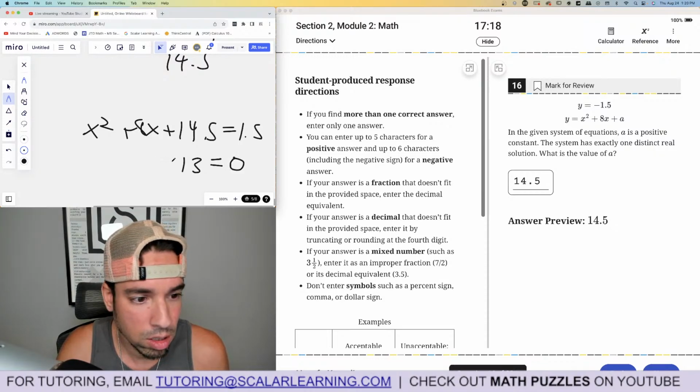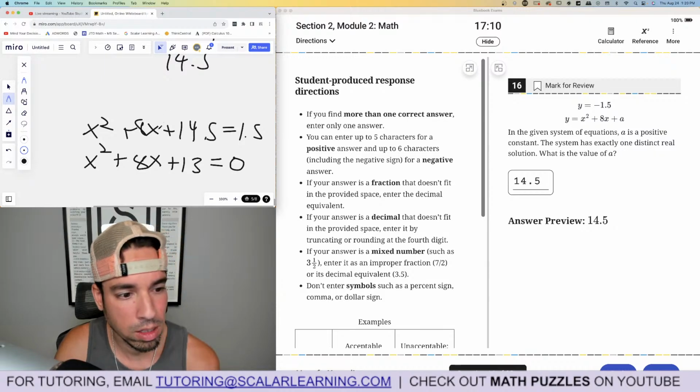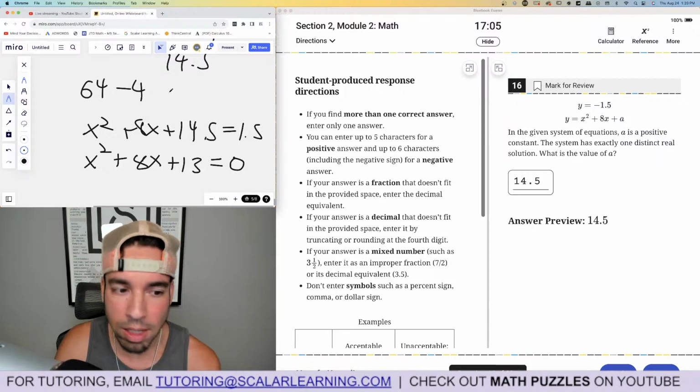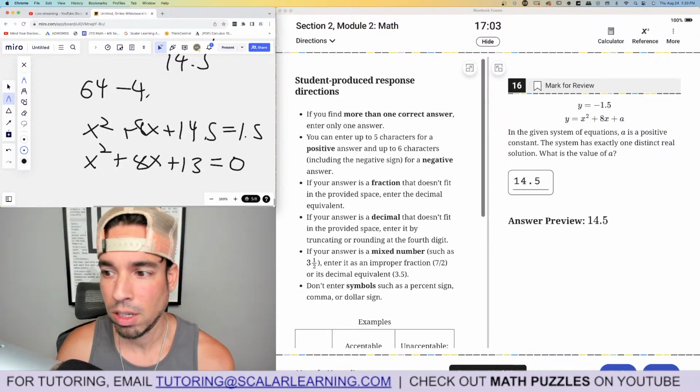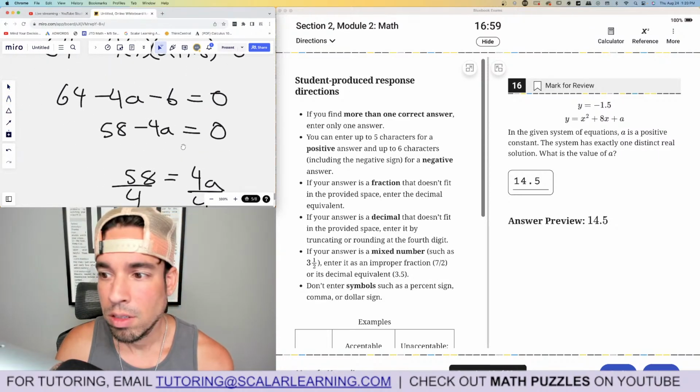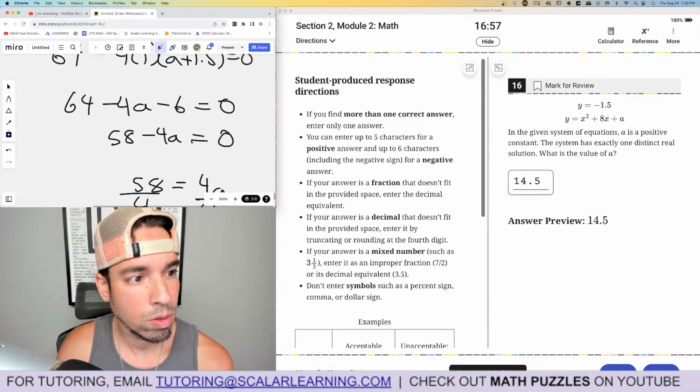Wait, 13 plus 8x, x squared. Wait, is that just right? Hold on a second. B squared minus 4ac. That's not 0. Hold on a second. I must have made a mistake. Wait. Okay. 64. No, wrong one. Where was it?